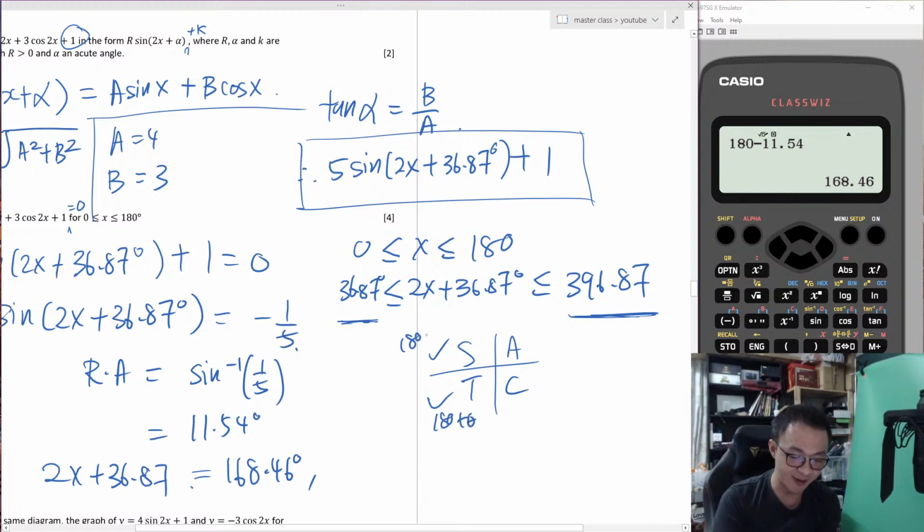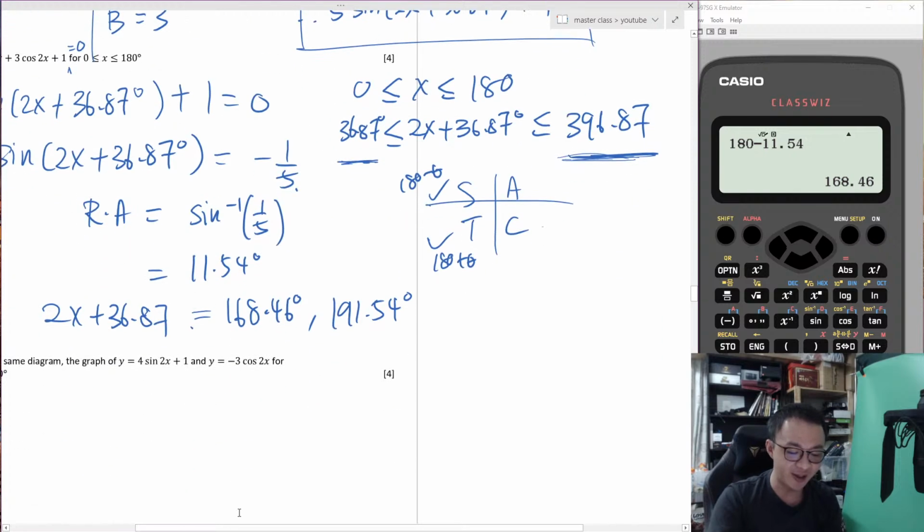This is 180 minus theta, just in case some students do not know. This is 191.54. Alright, I cannot go beyond here because this one is basically positive. Yeah, I know this one is more than 360, right? But in the fourth quadrant, sine is positive. And if I rotate slightly more than here, sine is positive also. So therefore, I just need to take these two values, should be enough.